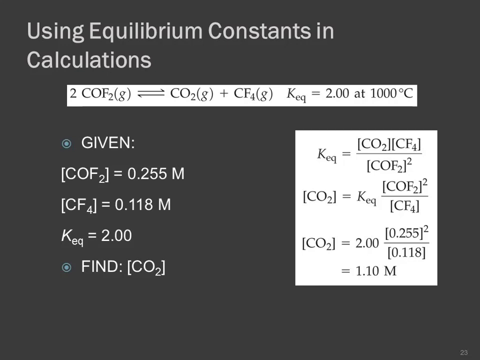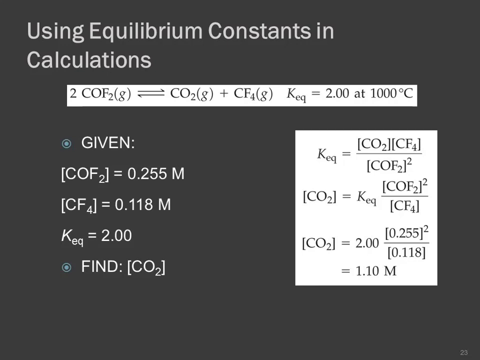Here's another type of problem that can be done. If we are given the equilibrium constant and the concentrations of all of the reactants and products but one, we can figure out the concentration of the other.